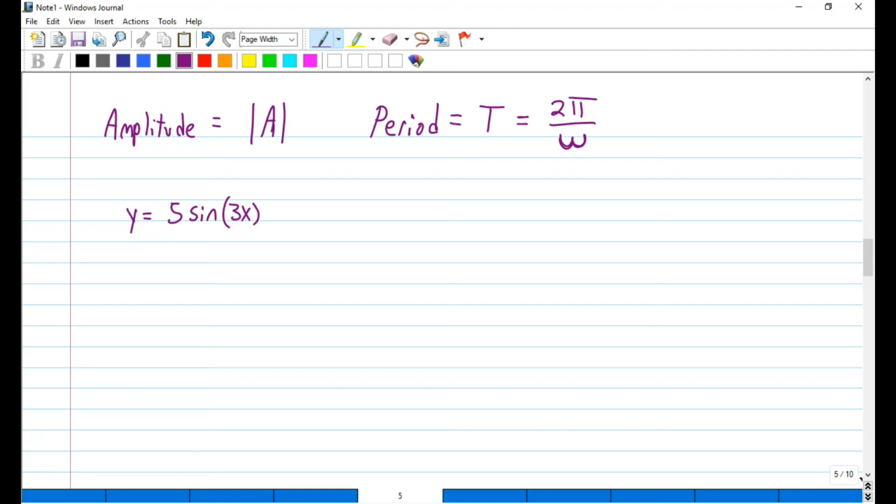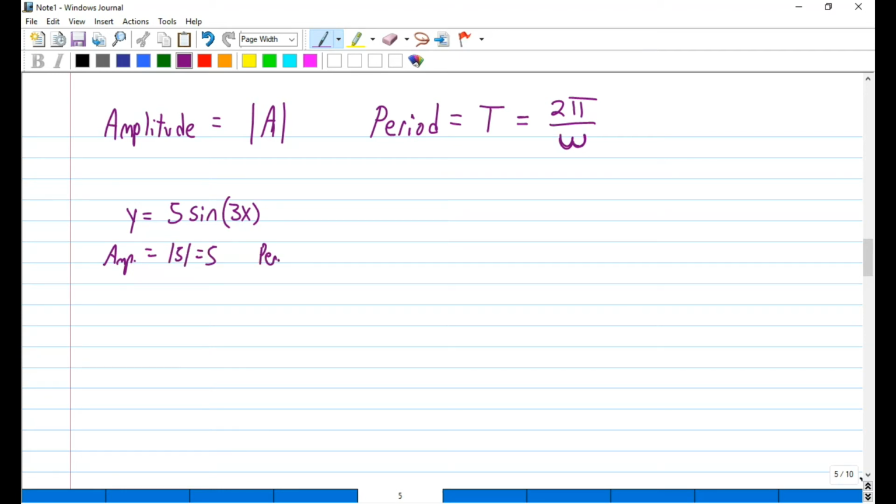So what would the amplitude be equal to? All right, amplitude, I'll use an abbreviation, AMP, is going to be the absolute value of 5, which equals 5.